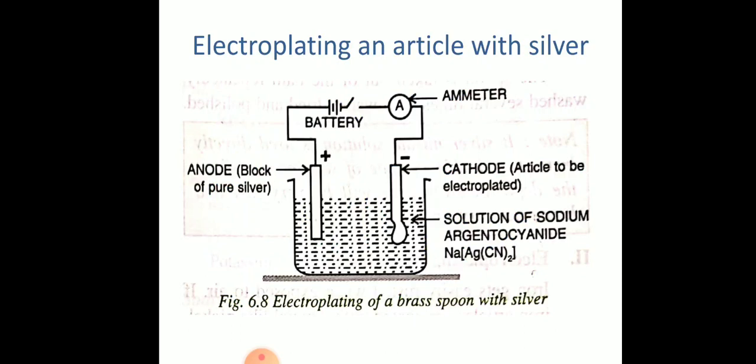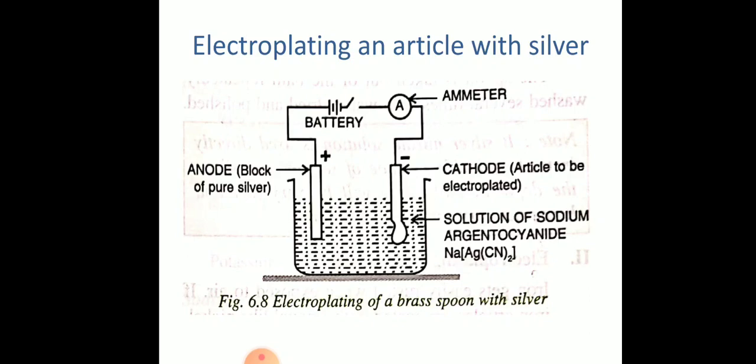Now we'll see an example of how electroplating is done. Say, for example, you take an article made of brass or bronze and you want to coat it with silver. In this diagram, at the cathode we have taken a brass spoon, the article to be electroplated.